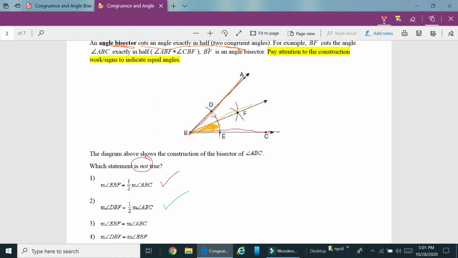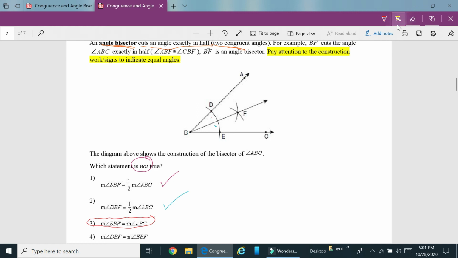And I don't see a half or anything, so I'm going to shade the whole thing. So is that bigger angle equivalent to half of that angle? And the answer is no, it's not. So the answer is choice 3, but let's check the last choice.